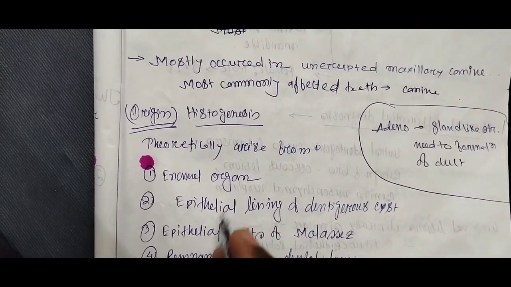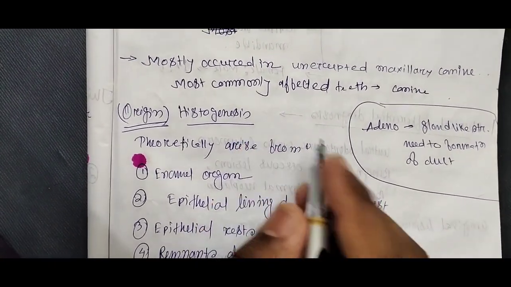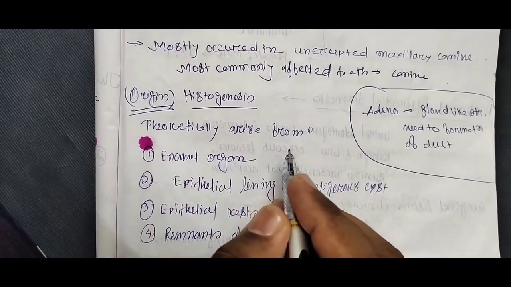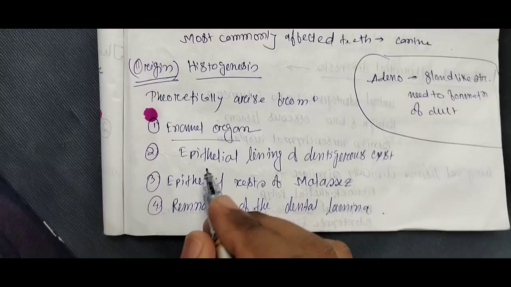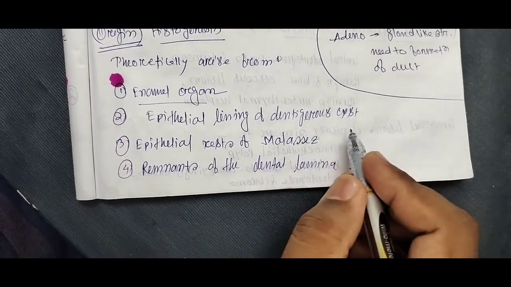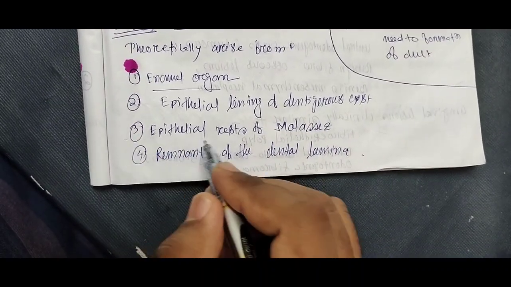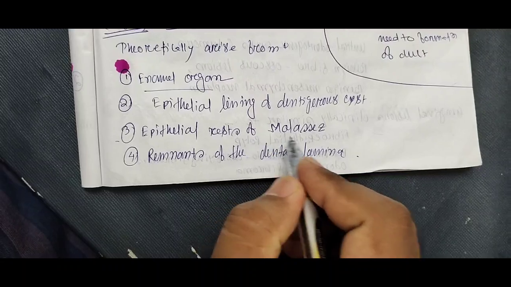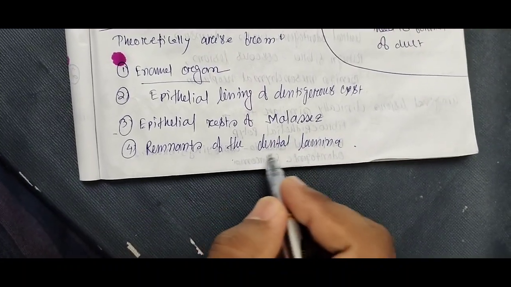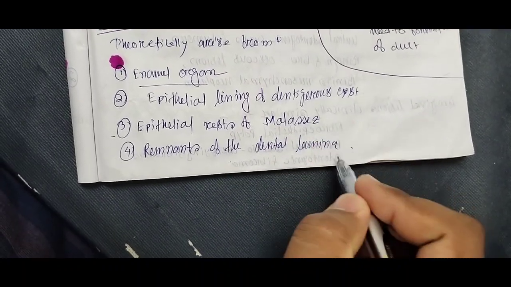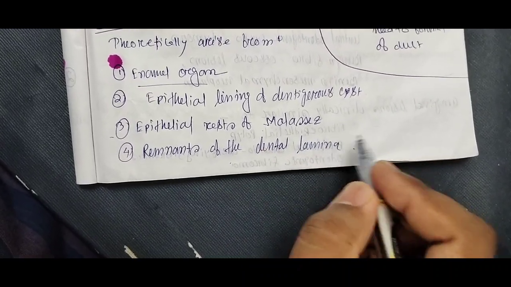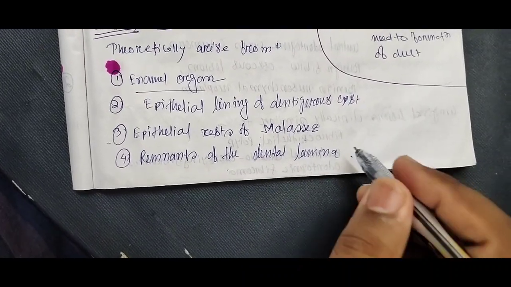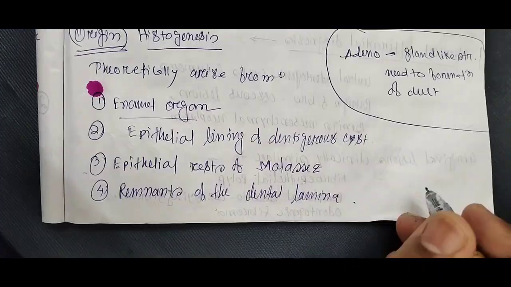Now we are discussing the histogenesis. That means origin. Theoretically, it arises from the enamel organ, the epithelial lining of the dentigerous cyst, and third, the epithelial rests of Malassez. Fourth is the remnants of the dental lamina. We already discussed Malassez and dental lamina in the squamous odontogenic tumor.